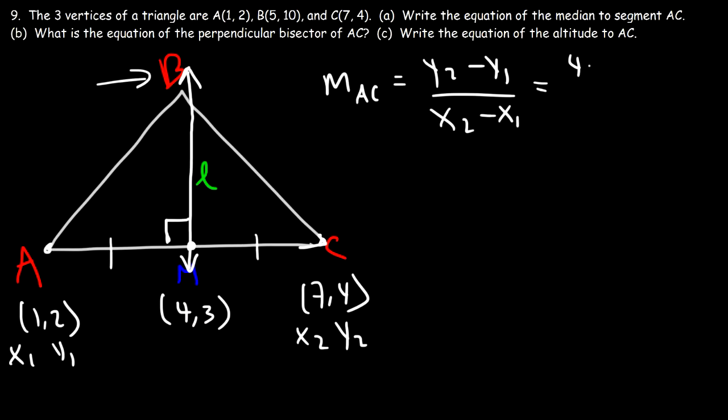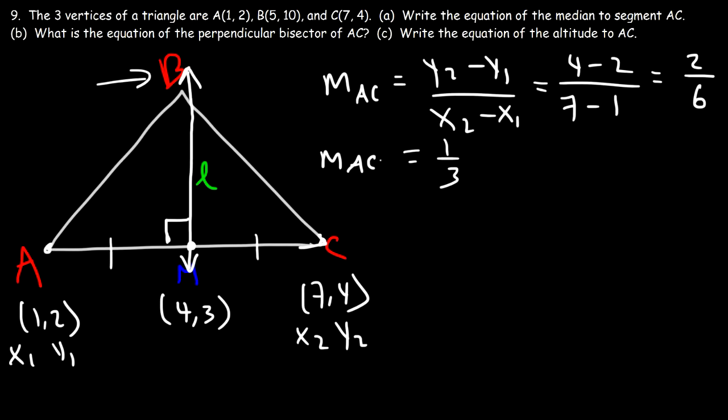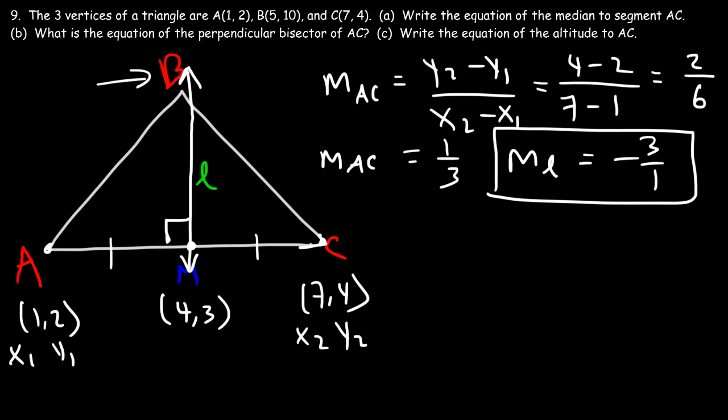So that's 4 minus 2 over 7 minus 1. 4 minus 2 is 2, 7 minus 1 is 6, and 2 over 6 reduces to 1 over 3. So that's the slope of segment AC. Now, the slope of the perpendicular line is going to be the negative reciprocal of that. So it's going to be 3 over 1, but negative. And so that's the slope of the perpendicular bisector.